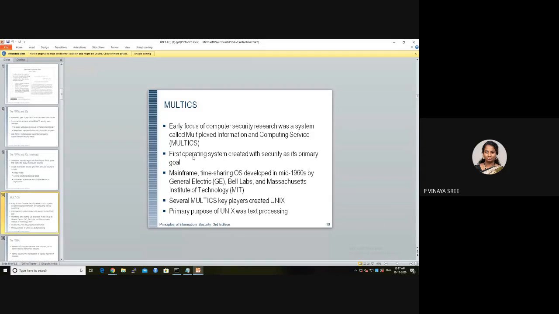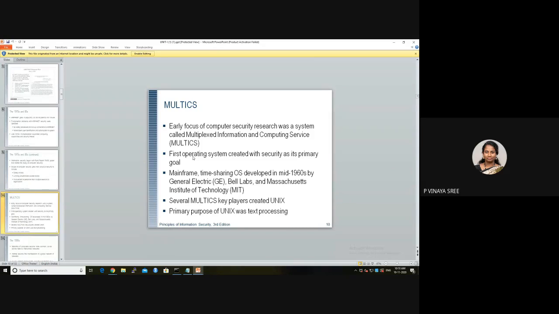This is a mainframe time-shared OS developed in the 1960s at Bell Labs, with MIT.